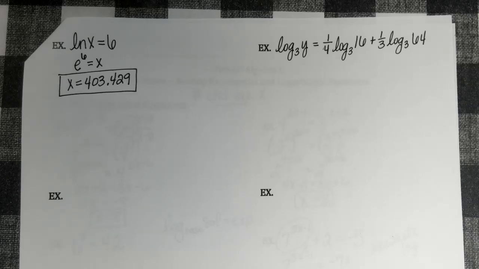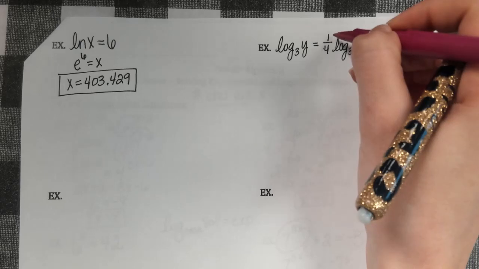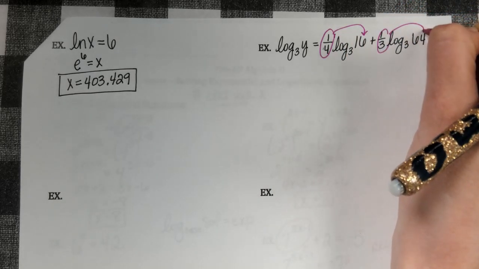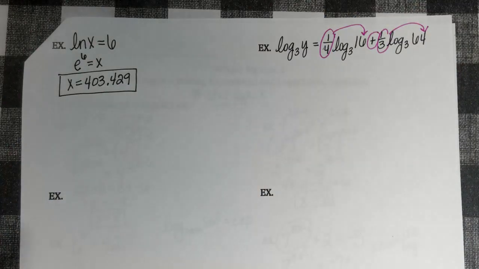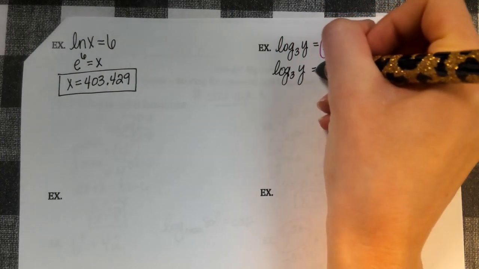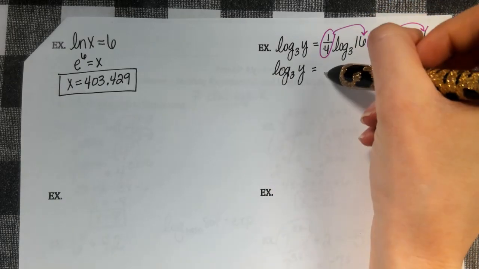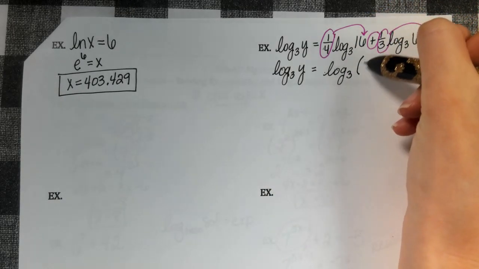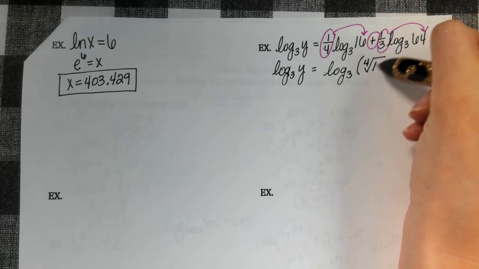I need to condense. So I have coefficients that become the exponents. And I have a plus. What does that plus tell me? I'm going to multiply. So I've got log base 3 of y equals log base 3. I am multiplying the 4th root of 16.